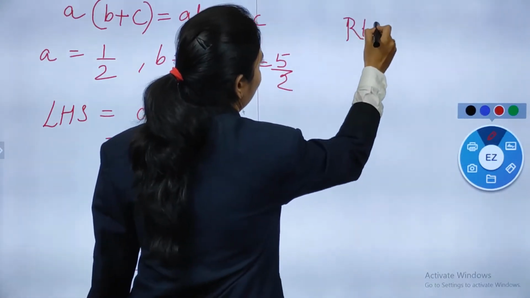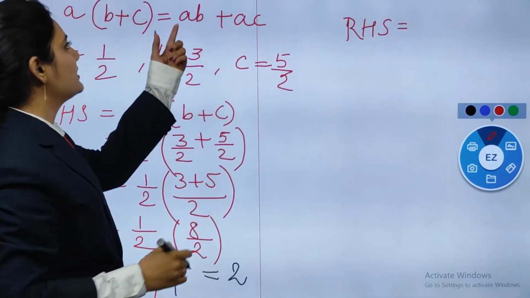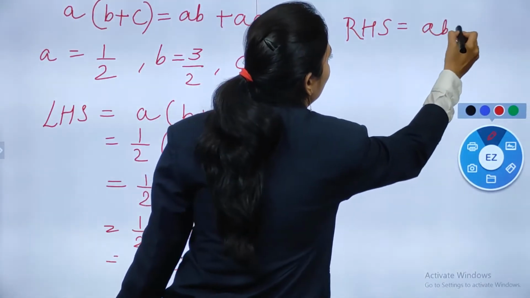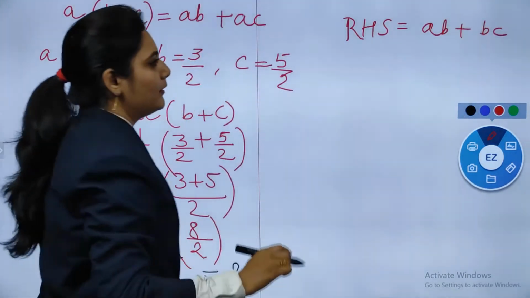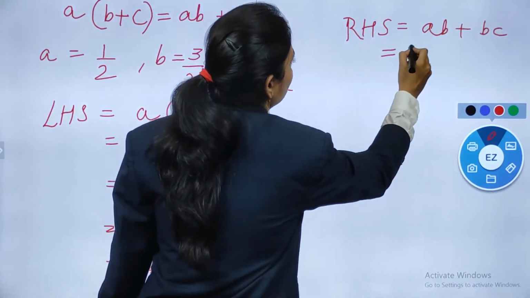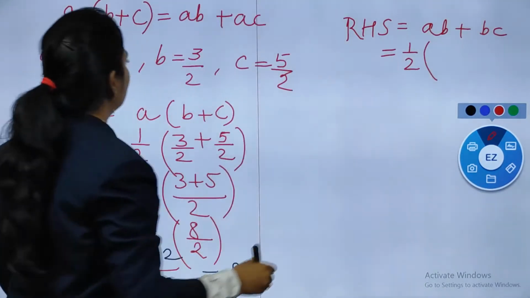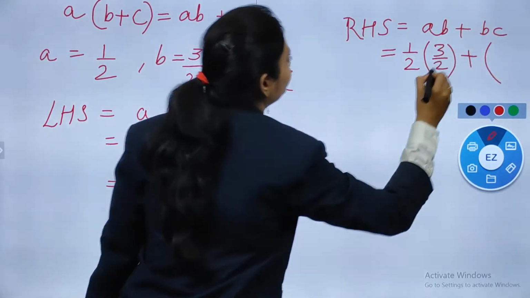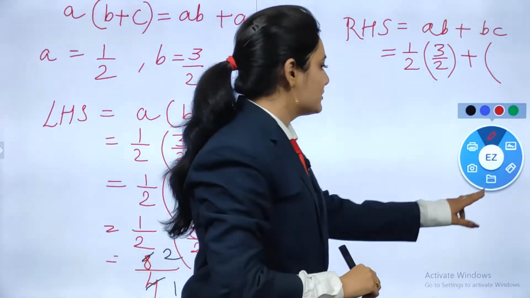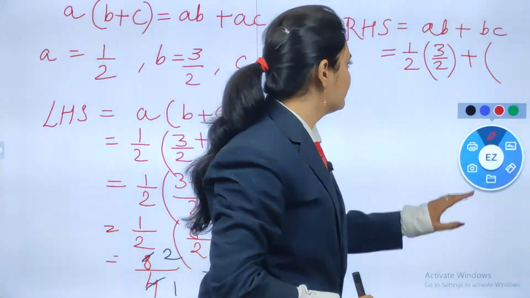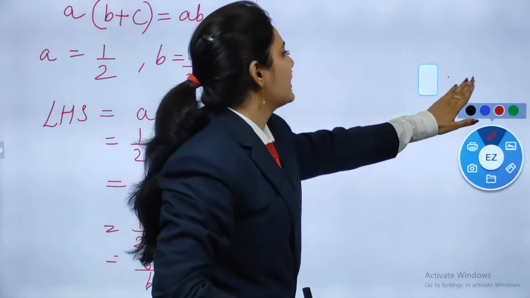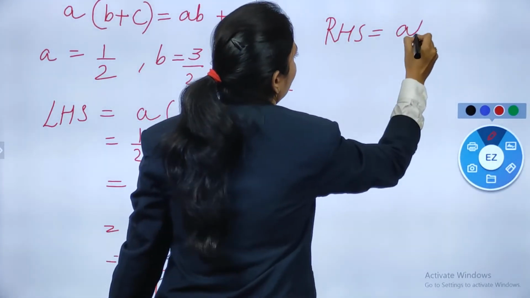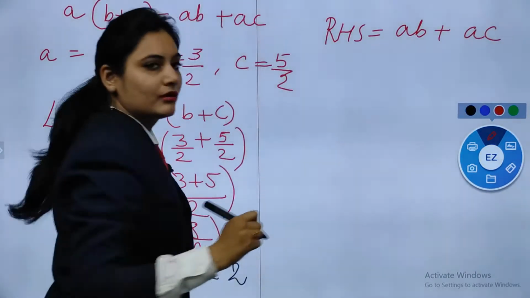The value of RHS here is a multiplied with b plus a multiplied with c, so ab plus ac. Now I am keeping the values. See children, RHS is ab plus ac, correct?